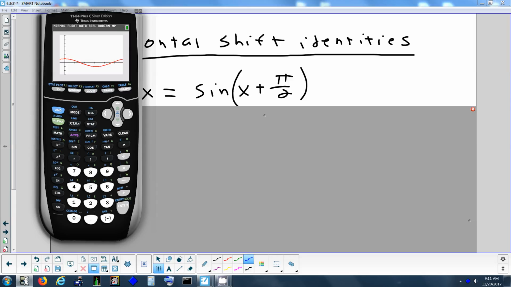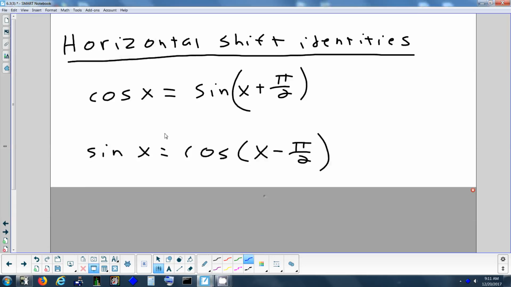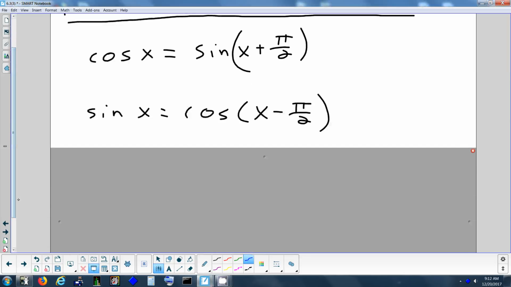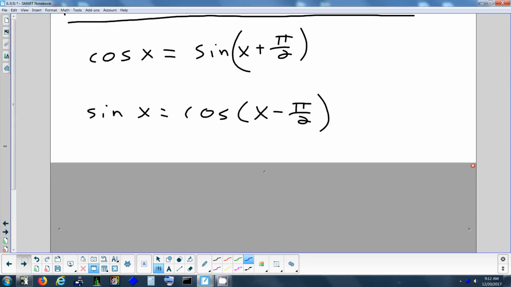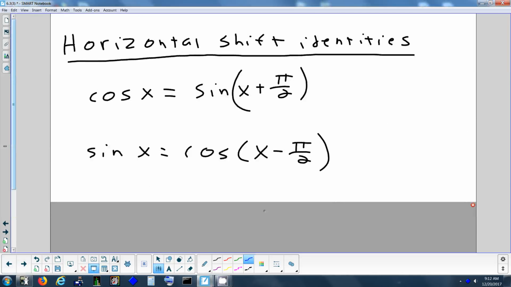Now, that doesn't prove they're the same graph. The picture suggests it, but the only way to prove it would be with algebra. Okay, so basically what these 2 formulas allow you to do is take any equation that had cosine in it and rewrite it in terms of sine, or the other way around.